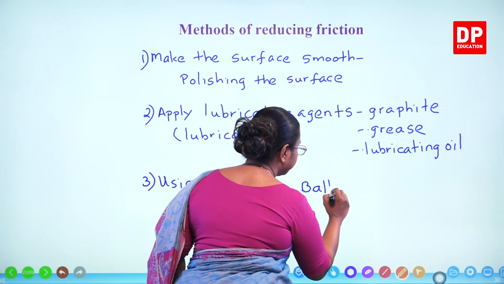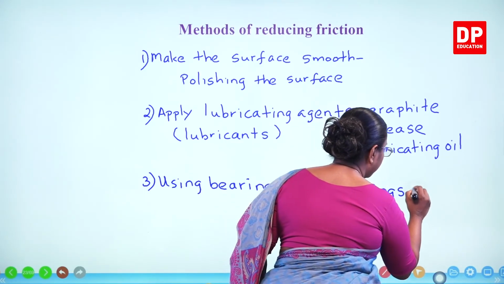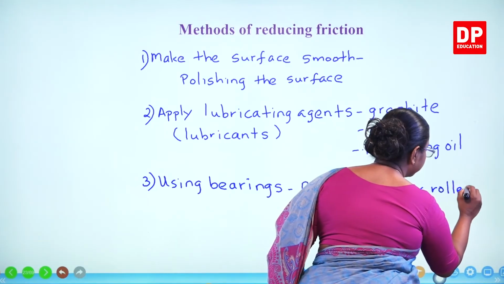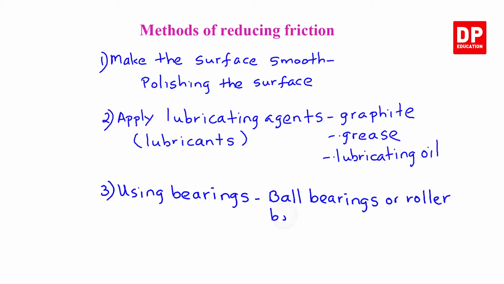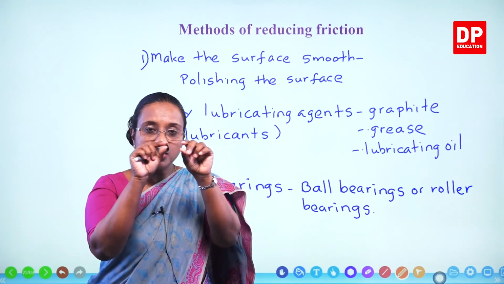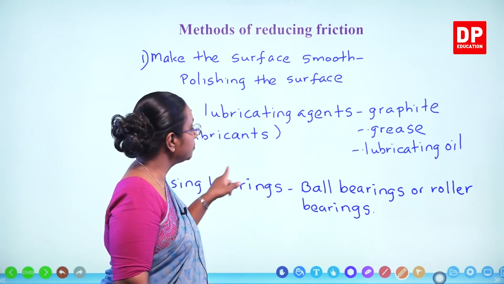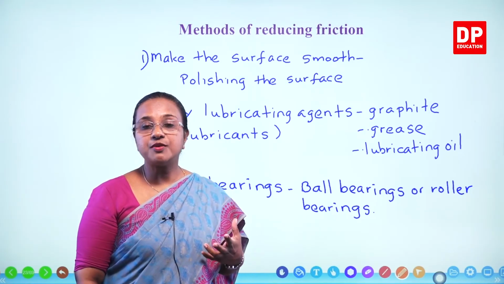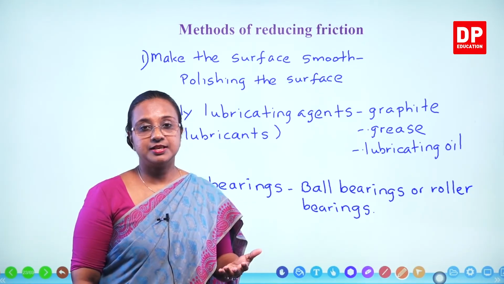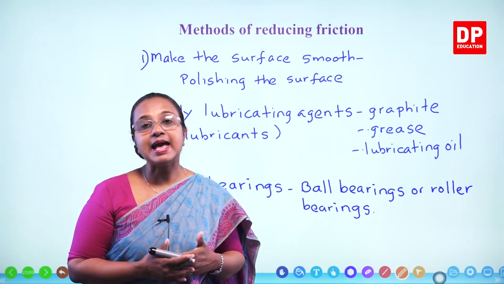Ball bearings, or roller bearings, and these are small balls inserted between contact surfaces or small rolls that are inserted between contact surfaces, and this is most commonly used in parts of vehicles and machineries when there are moving parts as well as in axles.